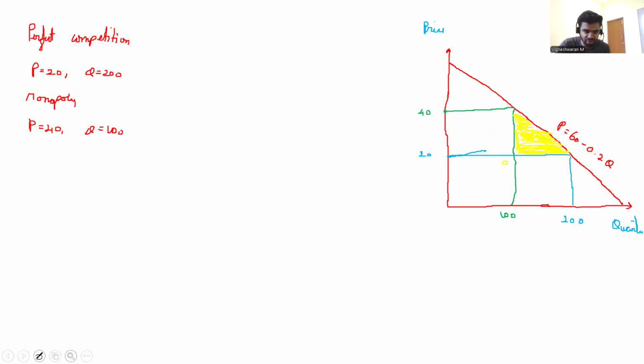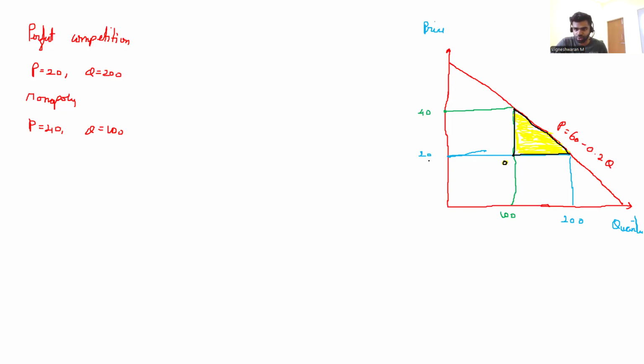I will use black color. I want the area of this triangle alone, right?